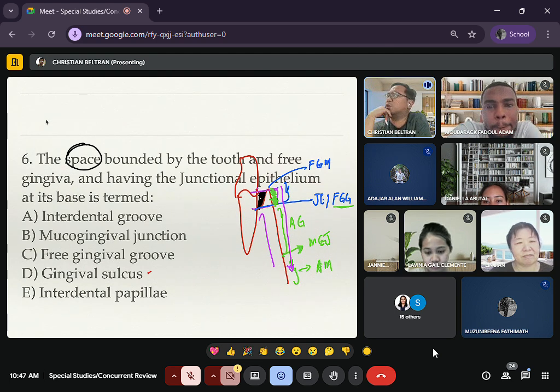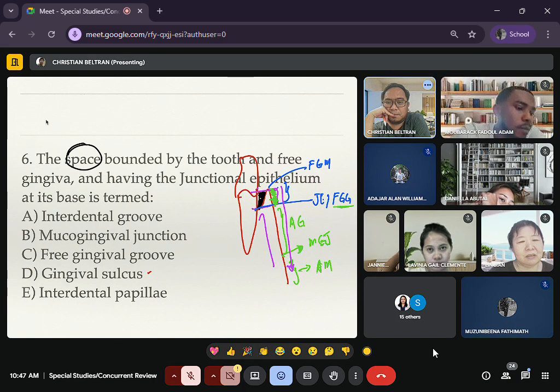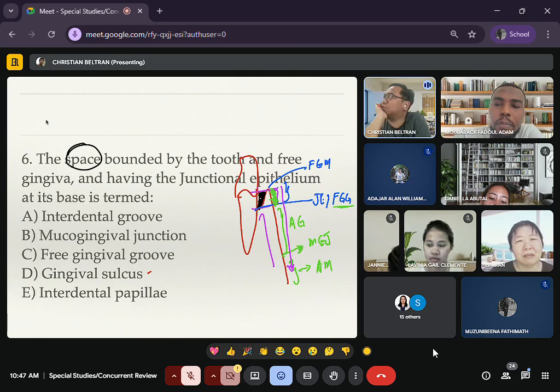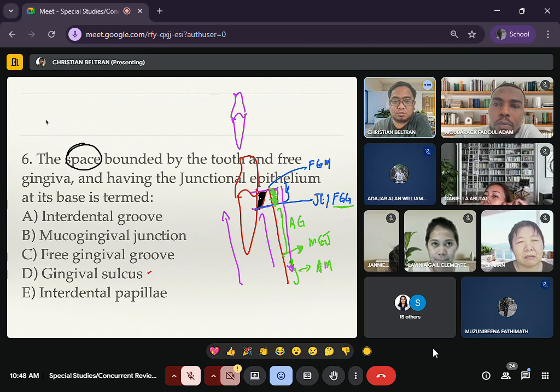On what procedure do we usually reposition the gingiva coronally? Not for gingival recession, because if you reposition the gingiva coronally, you won't have any bone support for the gingiva.